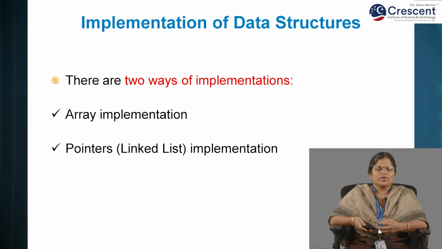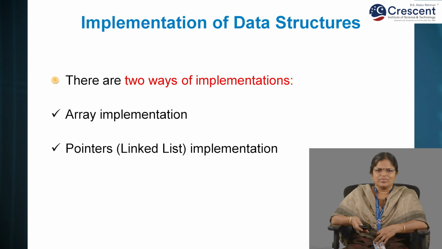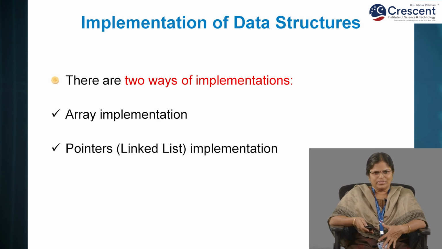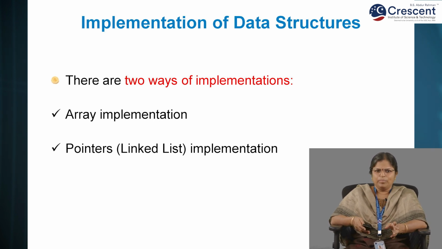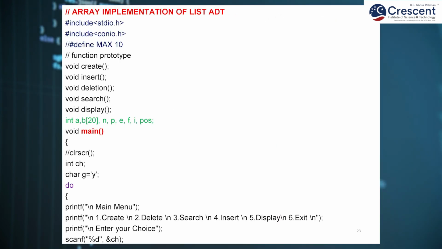During compilation time, we allocate the space in memory for the particular data, whereas pointer representation is dynamic allocation of memory. Using a linked list, we can implement the data structure. So we implement data structures like list and stack either using an array or using a linked list. In the next few sessions we will see how to implement the linear data structures using arrays.